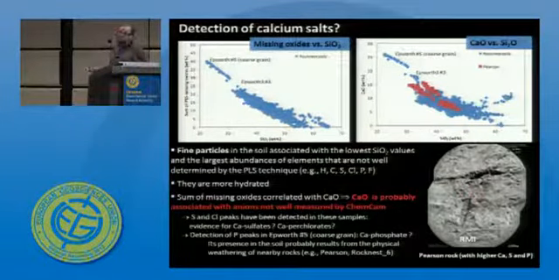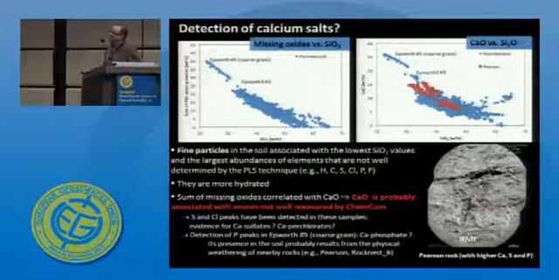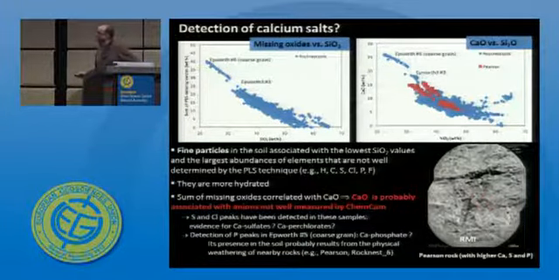So, do we detect some salts in rocks and in soils? When we do this plot on the soil, this is the silicon content versus the missing component of our quantitative analysis, because we cannot quantitatively identify some elements. LIBS is bad for sulfur, chlorine, phosphorus, and fluorine.